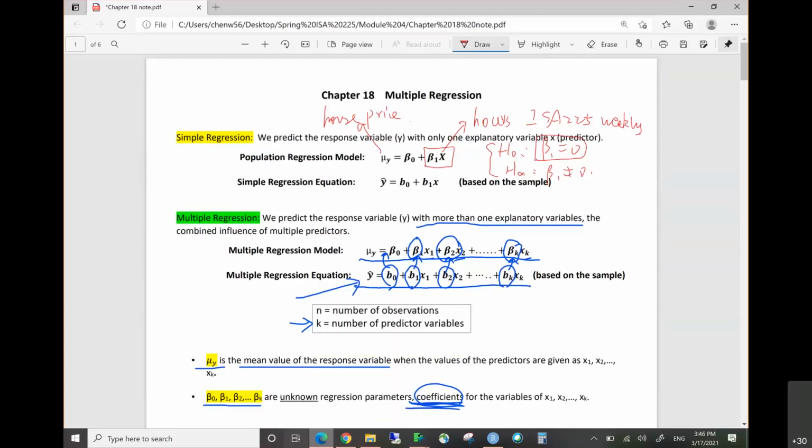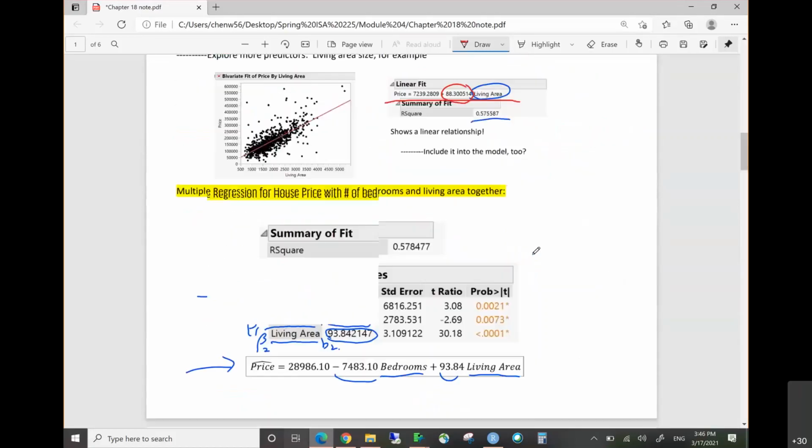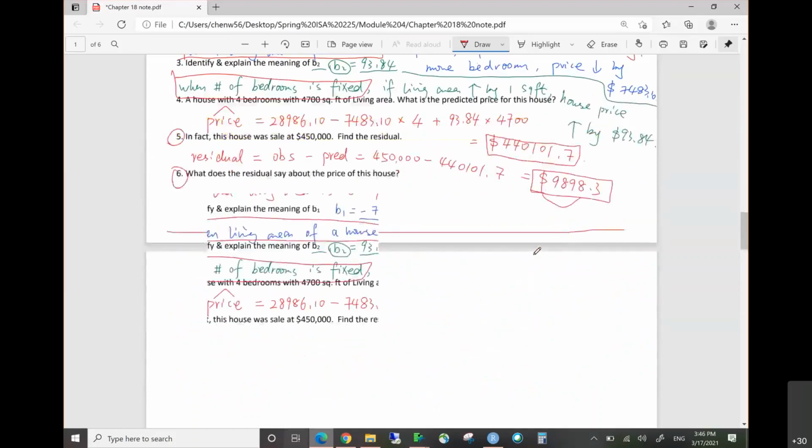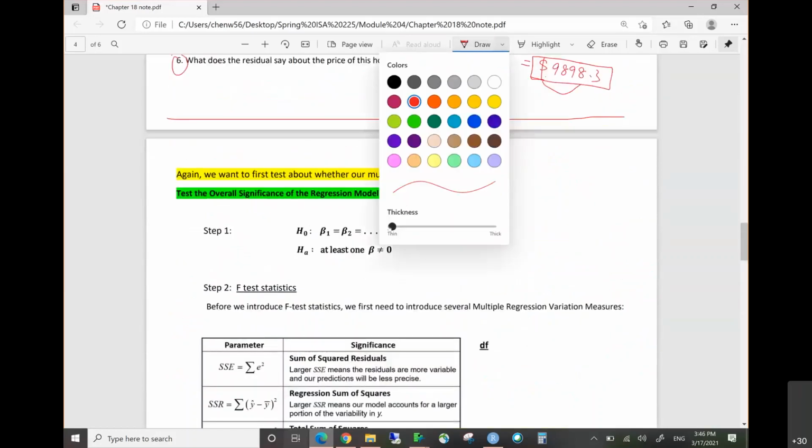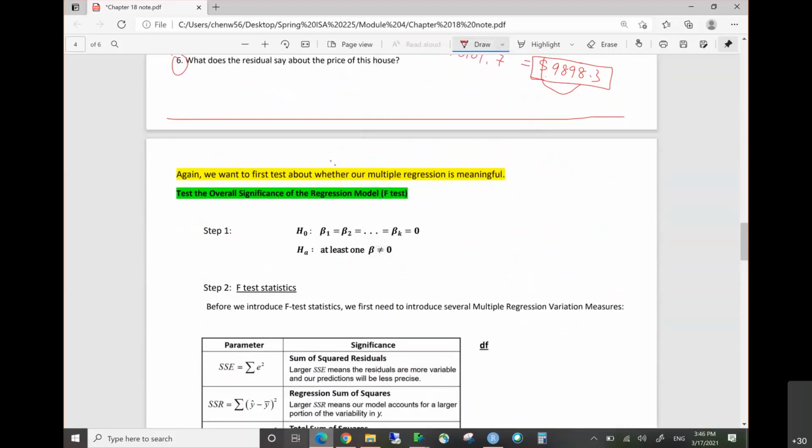Okay, so now we have a multiple regression. We have x1, x2, until xk in our regression. So let's say our multiple regression model is mu of y equals beta 0 plus beta 1 x1 plus beta 2 x2, until as many as you want, beta k xk.